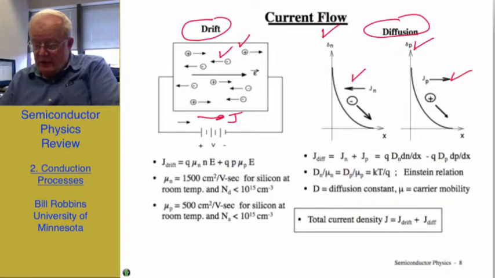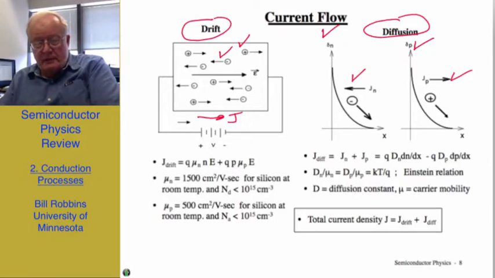Diffusion of the electrons is characterized by the charge on each electron times the diffusion constant for the electrons times the density gradient dn/dx. And then for the holes we have minus q times the hole diffusion constant times the density gradient dp/dx. The reason for the minus sign here is usually the density gradient is considered positive when you're looking up the density gradient.